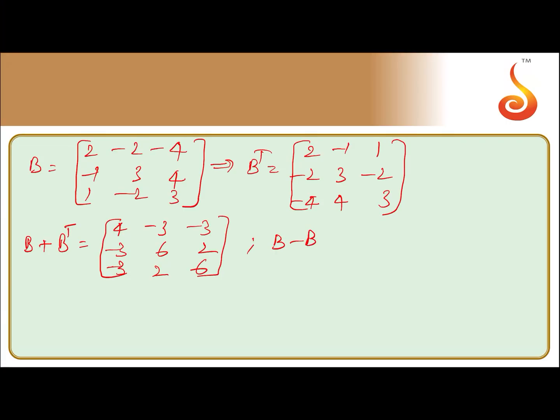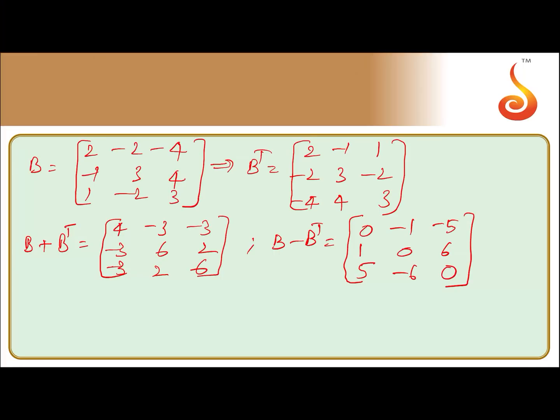Similarly, B minus B transpose is, by subtracting: 2 minus 2 is 0, minus 1, minus 2 plus 1, minus 4 minus 1 is minus 5, minus 1 plus 2 is 1, and 3 minus 3 is 0, 4 plus 2 is 6, 1 plus 4 is 5, and minus 2 minus 4 is minus 6, and 0.